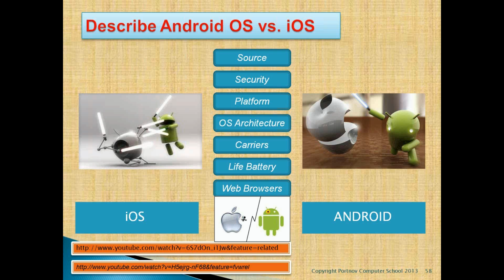We talk about platform, and we already described this, the marketing trick between Unix and Linux. We talk about operating system architecture. Very simple to explain in 2 words: iOS doesn't contain any virtual machine. Android's distinguishing feature is the Dalvik virtual machine for customized Java.